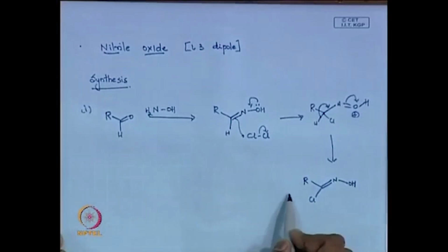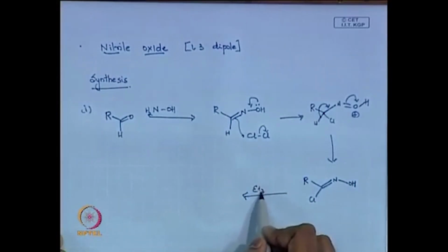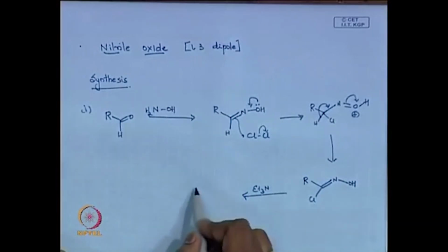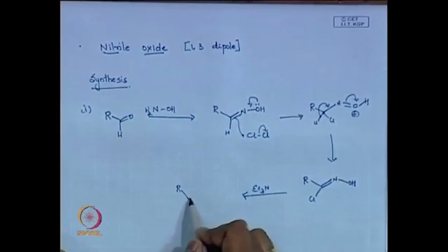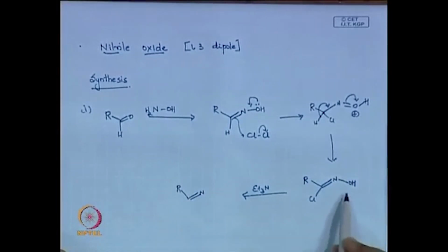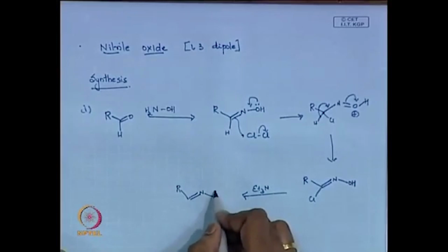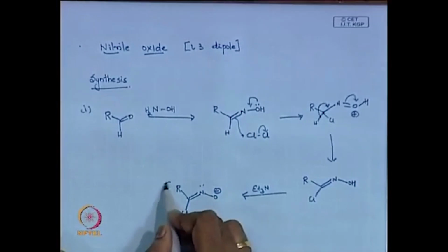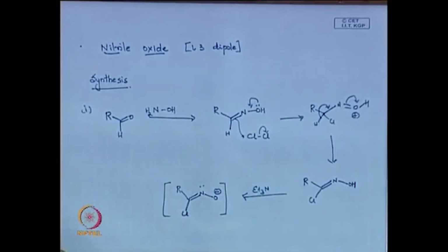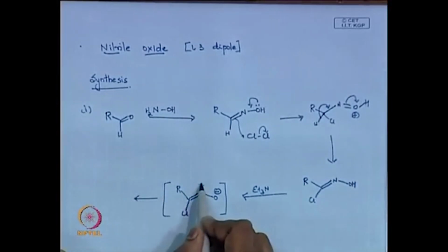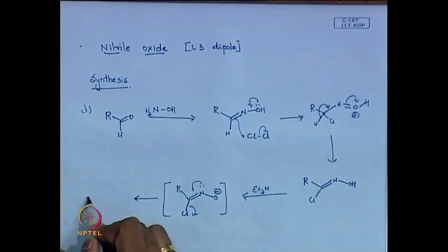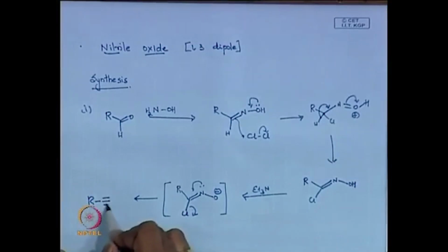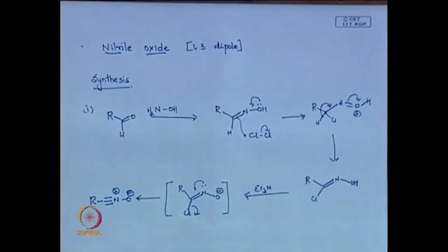If you have a little bit of triethylamine, it can abstract your proton, creating O minus with your Cl. This can then leave your Cl, giving you R N plus and O minus.